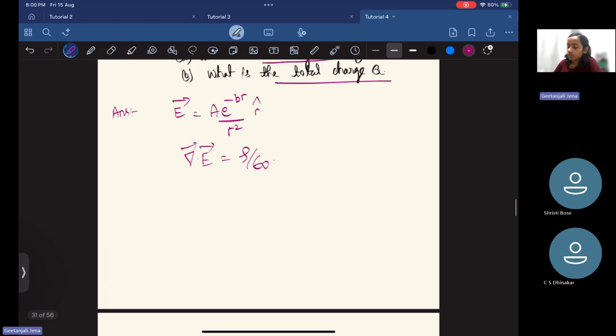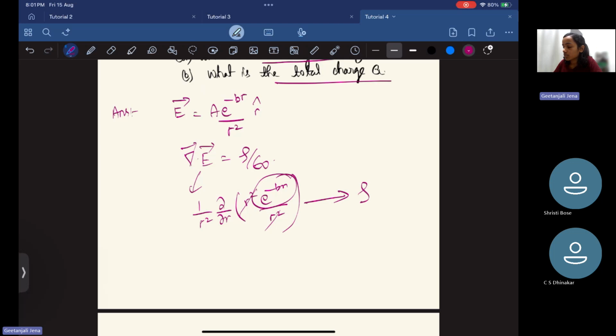The mistake you will make is that when you take the divergence, you will directly write 1 by r square dou by dou r of r square times e^(-br)/r^2. R square will cancel, and you will differentiate e^(-br), calculate rho, then Q. But this is wrong.